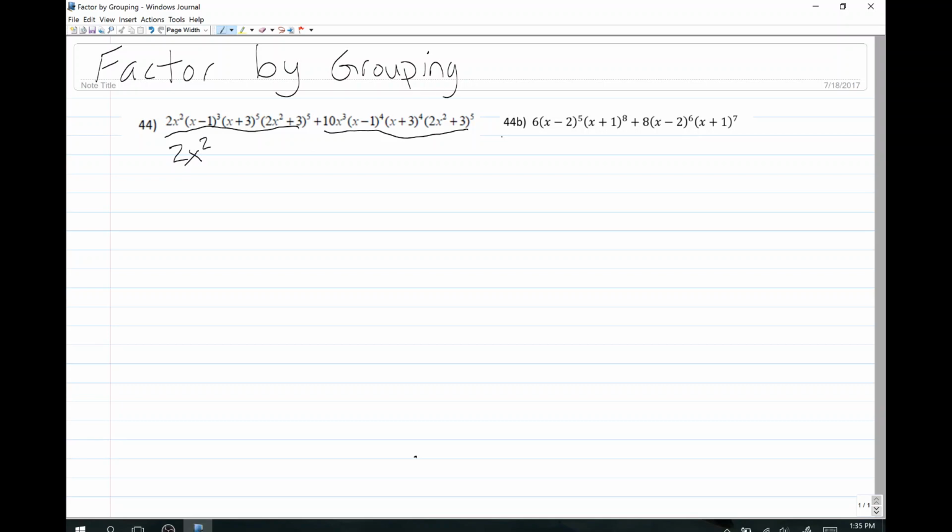Now we go on to our next term, x minus 1 cubed and x minus 1 to the fourth. X minus 1 cubed is smaller, so that one is common to both of them. X plus 3 to the fifth and x plus 3 to the fourth. X plus 3 to the fourth is smaller, so that's what goes next.